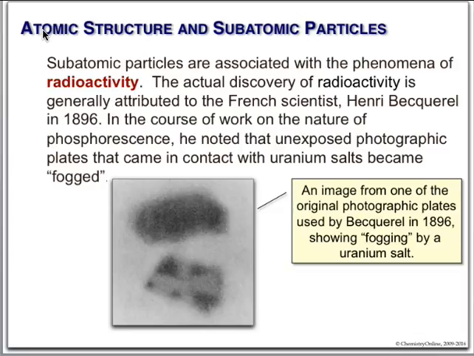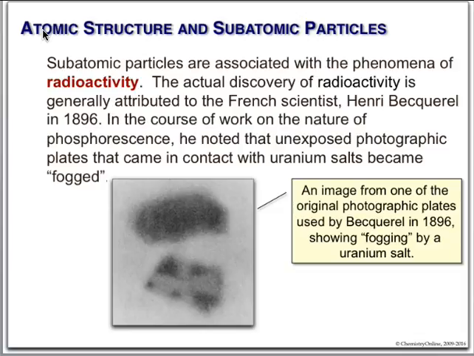Now, in those days, photographic plates were a big deal because you had to take this gel with silver iodide, had to spread it very thinly over a glass plate, another plate on top. It had to be done totally in the dark. So it was a big deal to make these things.